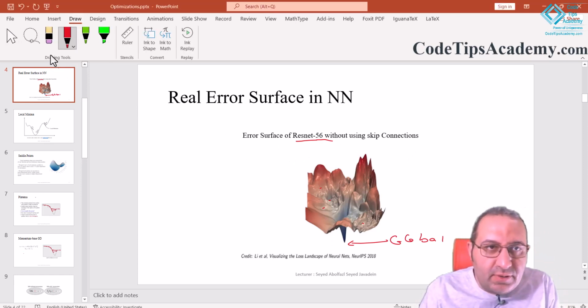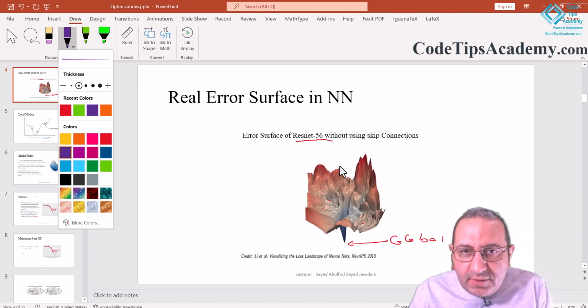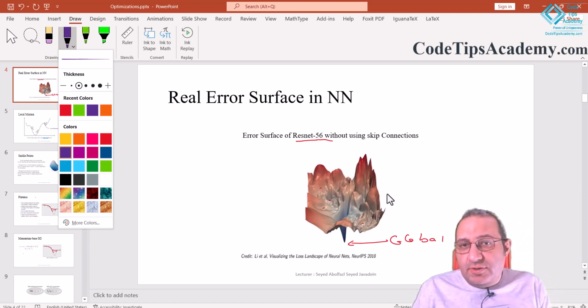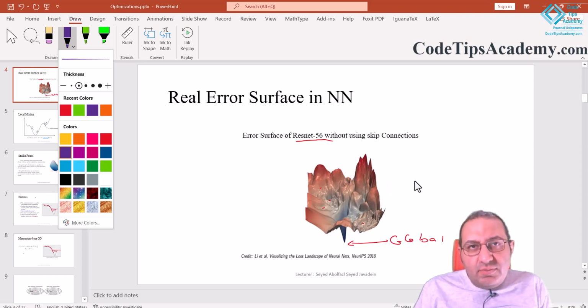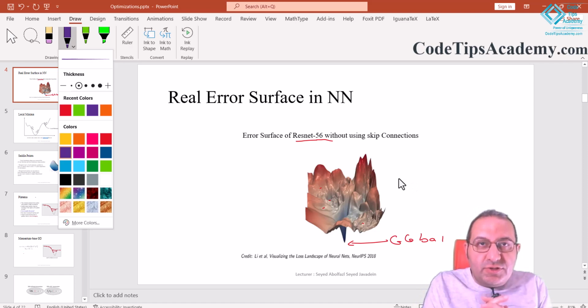This is the loss function, the error function of the ResNet 56 deep learning model without a skip connection. ResNet is one of the most famous algorithms in computer vision, proposed by Kaiming He and his team members.